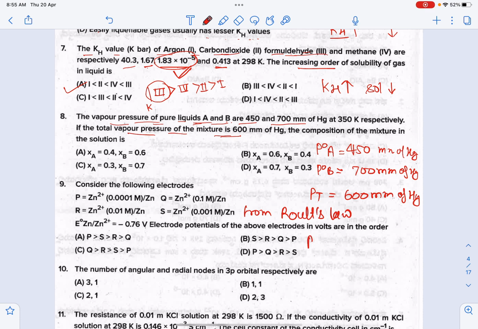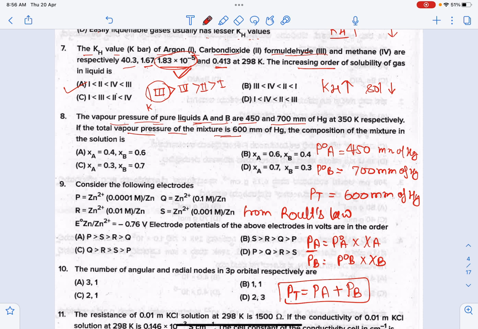Pa is equal to P0 A multiplied by mole fraction of A, and Pb is equal to P0 B multiplied by mole fraction of B. Now what will be the total pressure? According to Dalton's law, the total pressure is equal to pressure of A plus pressure of B.